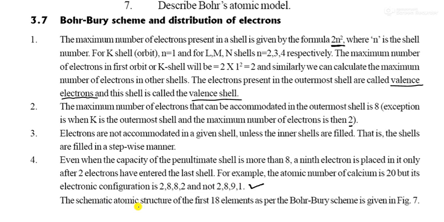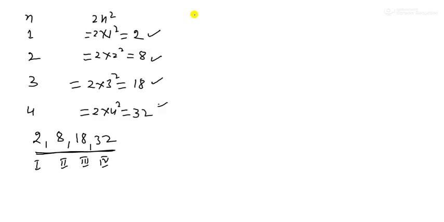The schematic atomic structure of the first 18 elements as per the Bohr scheme. You can see how this is done. First, if you have atomic number 1, you have 1 electron. If it is 2, it is 2. If it is 3, it is 2, 1. If it is 4, it is 2, 2.